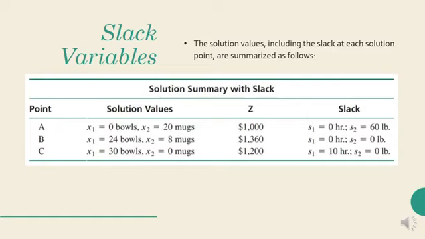Sa letter C naman 10 hours ang hindi nagamit na labor. So makikita natin dito yung point B, hindi lamang niya na-achieve yung maximum profit, na-maximize din niya yung paggamit ng mga resources.